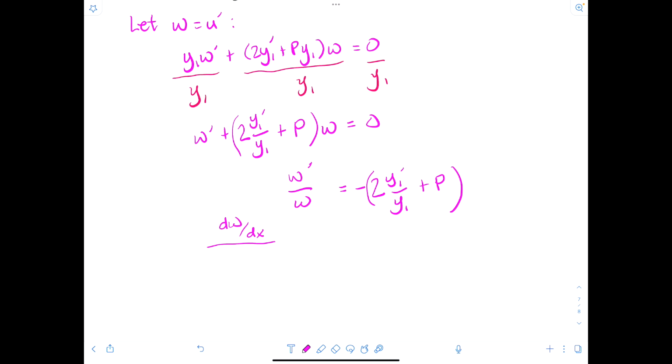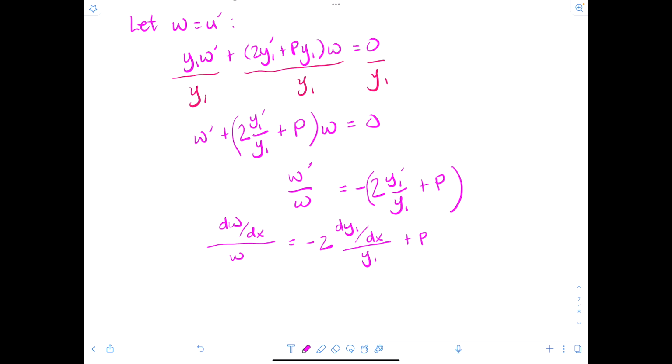That's over w, and that's going to equal negative 2 times dy1 over dx over y1 plus p.